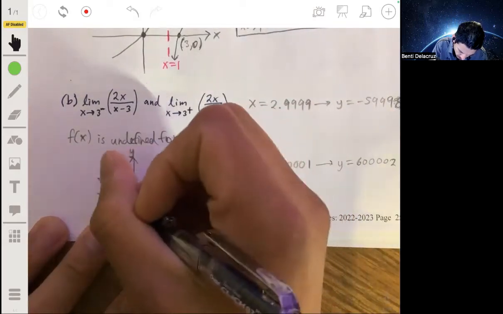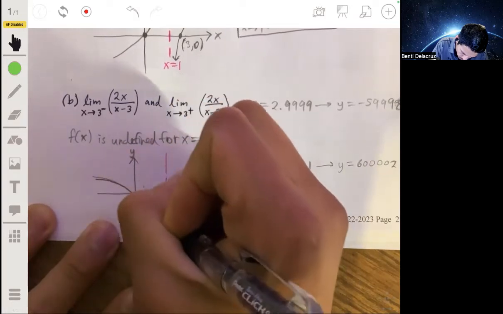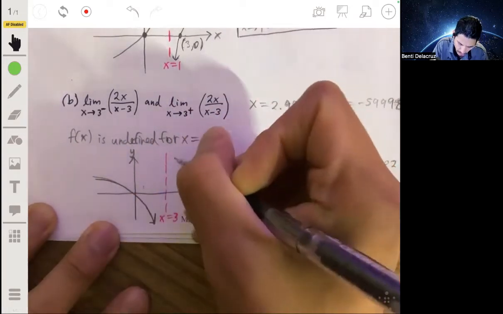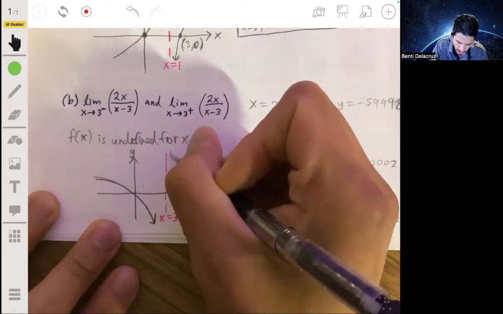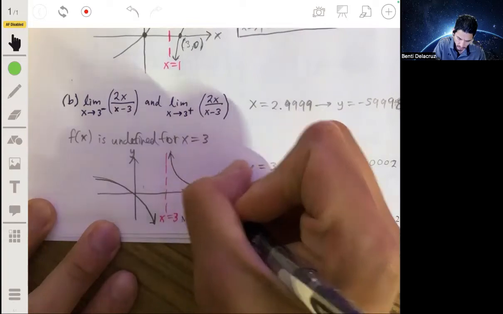So our graph is going to do something like this. And this one also goes through the origin. The graph will be going that way, and then this way on this side.